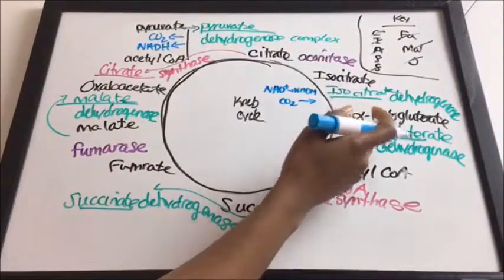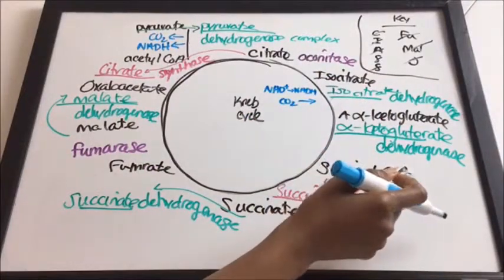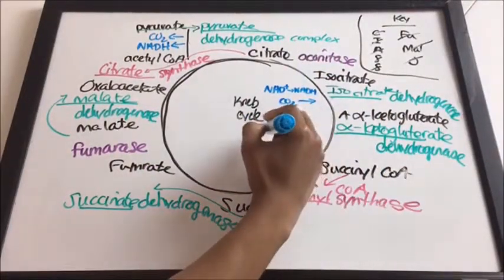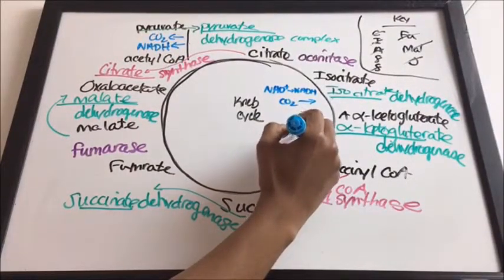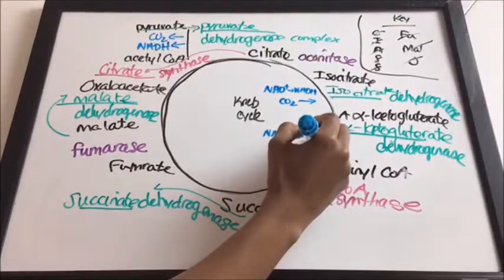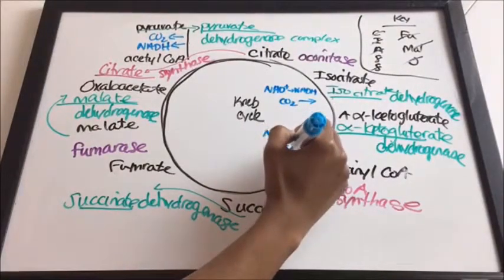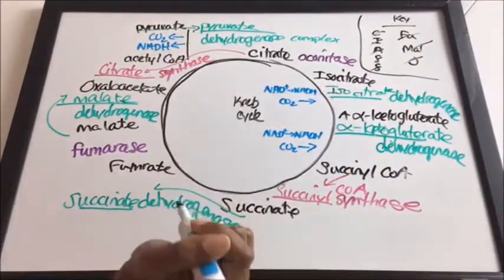Same thing between alpha-ketoglutarate and succinyl-CoA, NAD plus converting to NADH and carbon dioxide leaving the cycle.